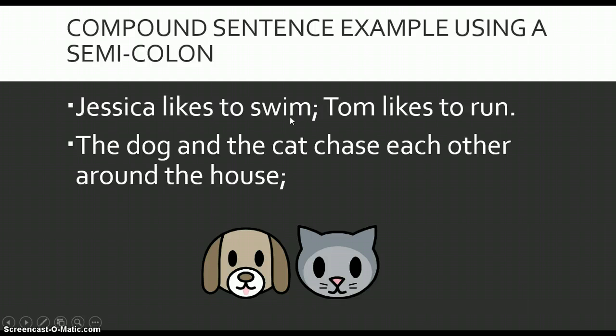When we use a semicolon, each sentence or each independent clause needs to be connected to the other one in thought. Our other sentence is, the dog and the cat chase each other around the house; semicolon. You'll notice I didn't finish this sentence, but you could easily finish it with another sentence such as, they really don't like each other.